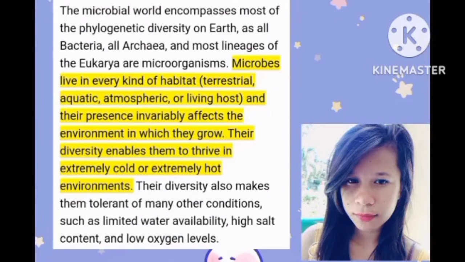The microbial world encompasses most of the phylogenetic diversity on Earth, as all bacteria, all archaea, and most lineages of the eukarya are microorganisms. Microbes live in every kind of habitat: terrestrial, aquatic, atmospheric, or living hosts, and their presence invariably affects the environment in which they grow.